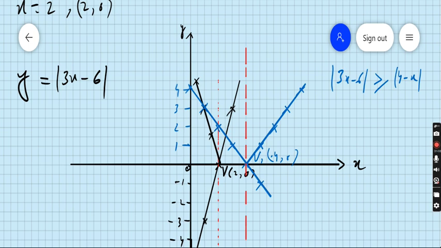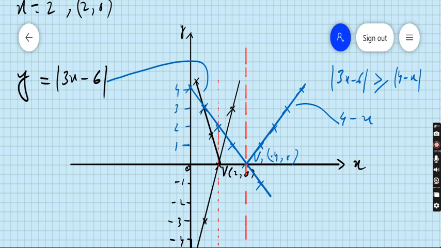So the black one is the graph of absolute value of 3x minus 6, and the blue one is the graph of 4 minus x. Now check where the black line is above, in which part or parts the black line is above the blue line.